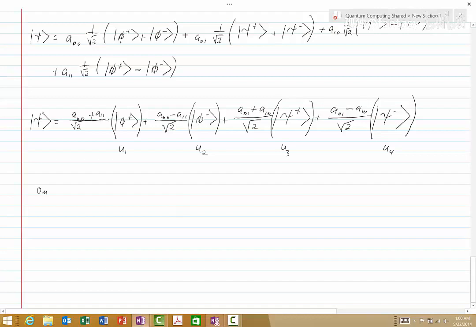The possible outcomes and their probabilities. One outcome would be U1, which of course is just exactly the same as phi plus.